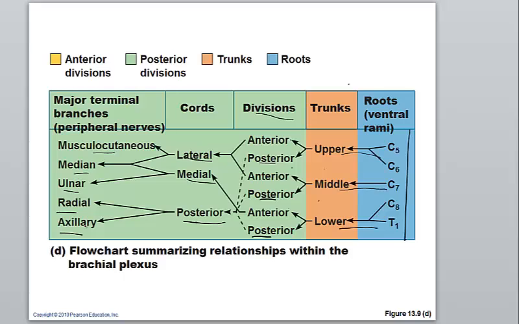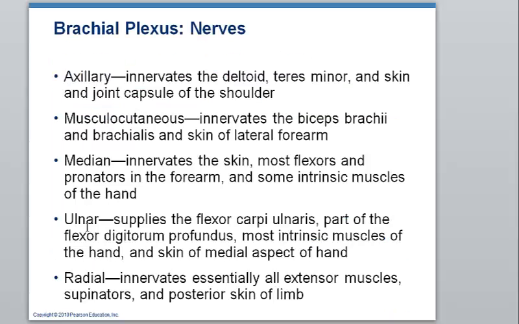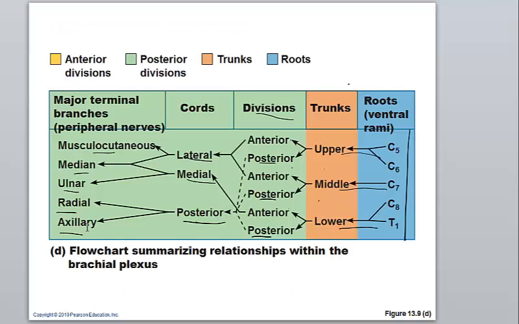So this is basically what you need to remember: the roots, from which the trunks start, and then divisions, and then the cords, and the major terminal or peripheral nerves that form from it. You need to know all of them. This basically tells where and which muscle they innervate. You don't have to worry about this portion. I want you to remember this flow chart better for your brachial plexus.